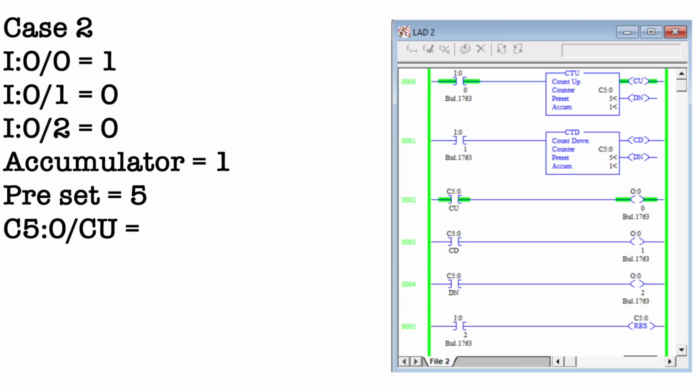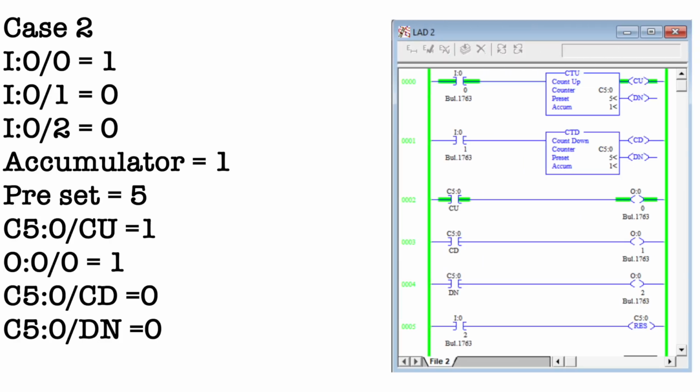Let's take another case. When I press my first switch, that is I:0/0 equals 1, you can see my up counter starts counting in increasing order. My accumulator value goes from 0 to 1.